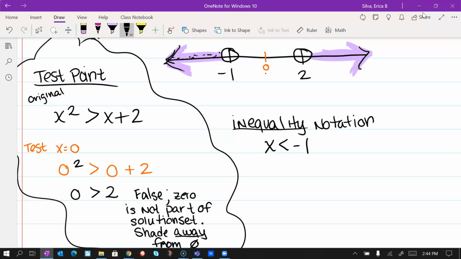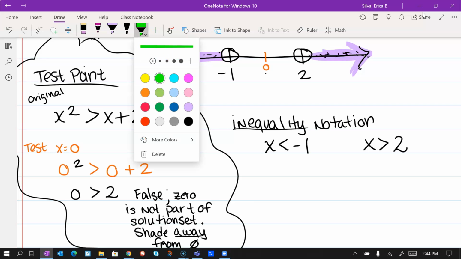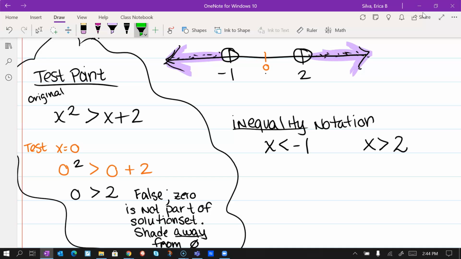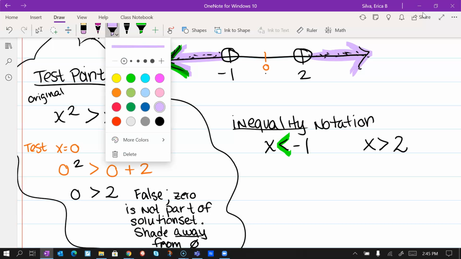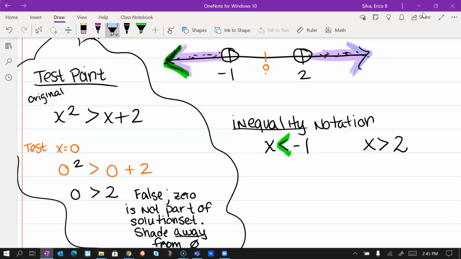Less than, right? And then we're going to put x and then 2. And all of these points are greater than 2. And those of you that still have a hard time with your inequality signs, if you put your variable first, notice how it matches the arrow. And then on this side, it's going this direction, and this one's also going that direction with the 2.